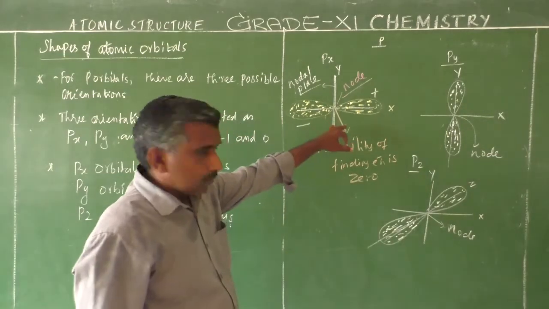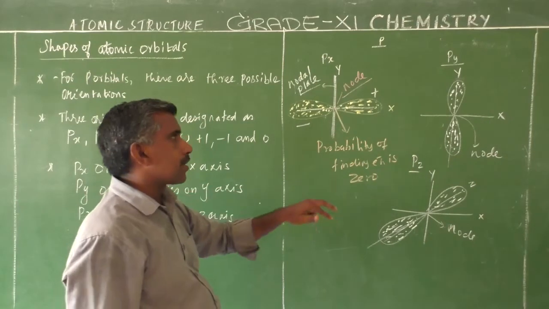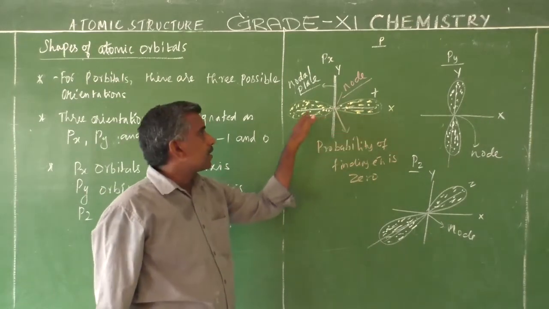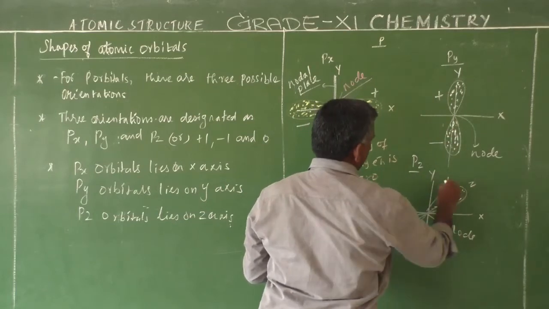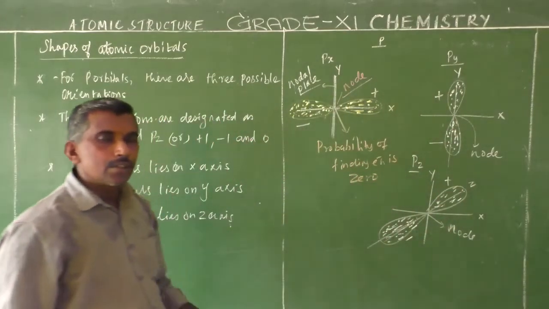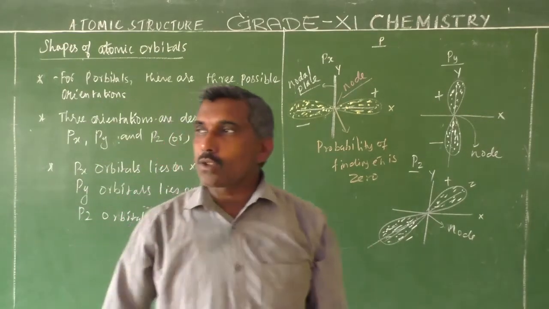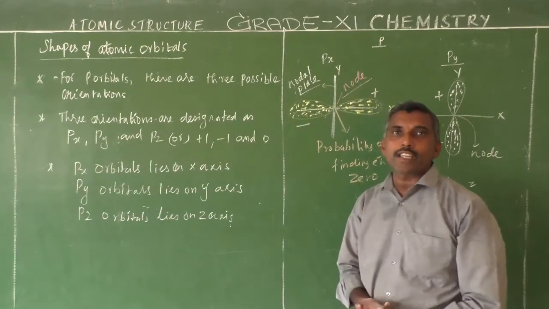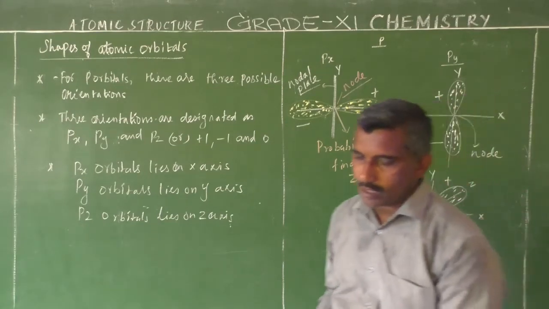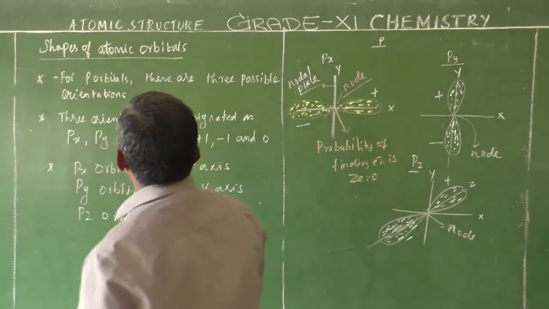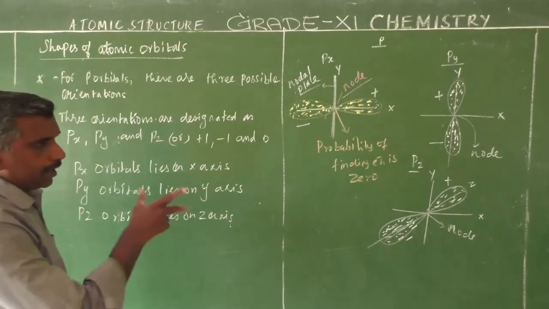In a p orbital there are two loops, as we learned in the previous class. These positive or negative signs indicate the positive or negative values of the solution of the Schrodinger equation. This is known as nodal plane and nodal point. This is the shape of the atomic orbital for p orbitals.